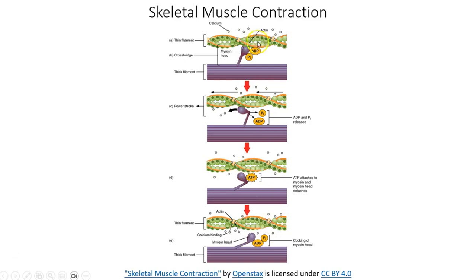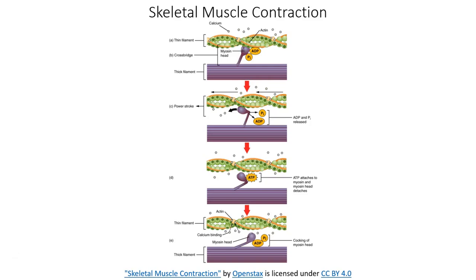All right, so that myosin head attaches to actin. Well, we have that ADP form, plus that inorganic phosphate molecule that are bound to that myosin head. So they're attached to that little myosin head or paddle. And once that phosphate is released, it causes myosin to form a stronger attachment into those actin binding sites, really holding on to them very, very tightly, helping to pull them towards that M line.